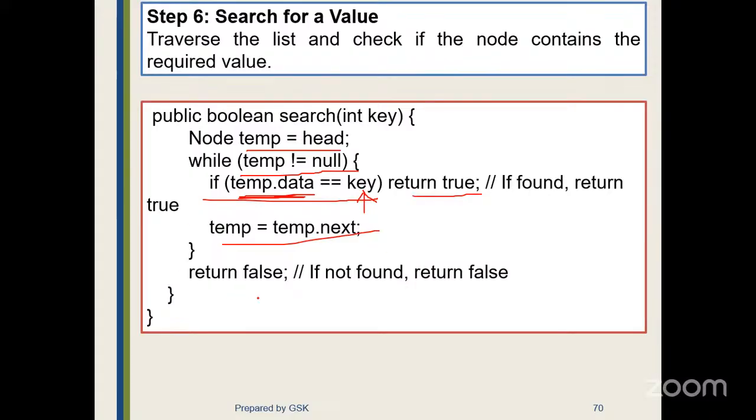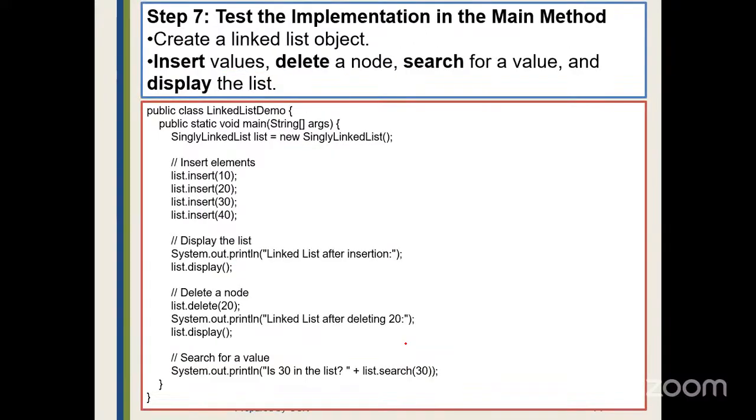If the key is not found, we return false. Next. So as we implemented insert, delete, display, search methods, we need to call them. Technically, even if you develop any method, it will not be activated until we call it. So we need to call that from the main method.